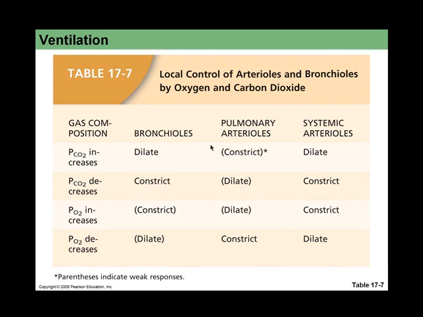Pulmonary arterioles are going to have a high PCO2 and a low PO2, so you're going to get some pulmonary arteriolar constriction with each fresh injection, with each stroke volume coming at it, right? With each ejection phase of the heart, you've got the right ventricle, you've got new deoxygenated blood coming in to keep a certain level of constriction.